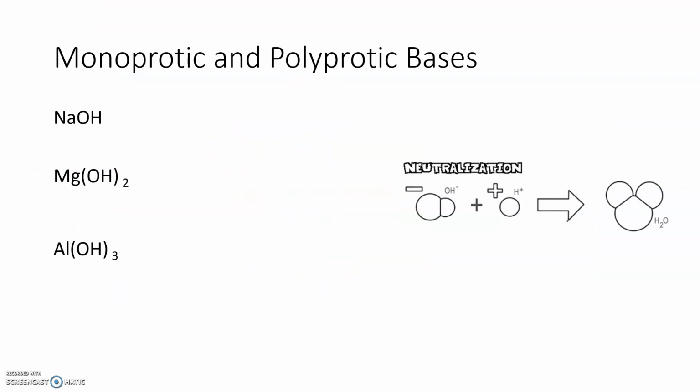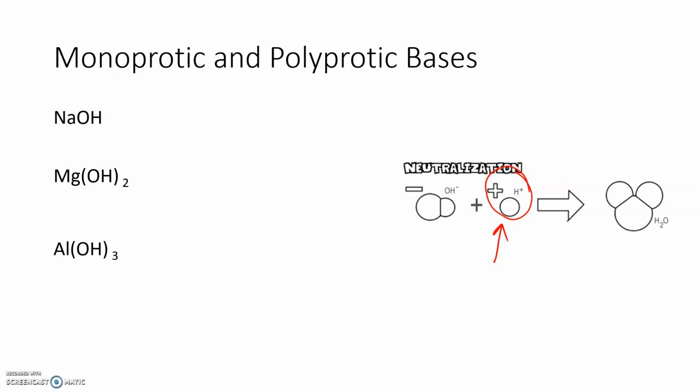There are monoprotic and polyprotic bases, and basically it comes from the fact that bases act as proton or hydrogen acceptors during neutralization reactions. That's something I should probably mention: a hydrogen ion is actually a proton. That's all it is.